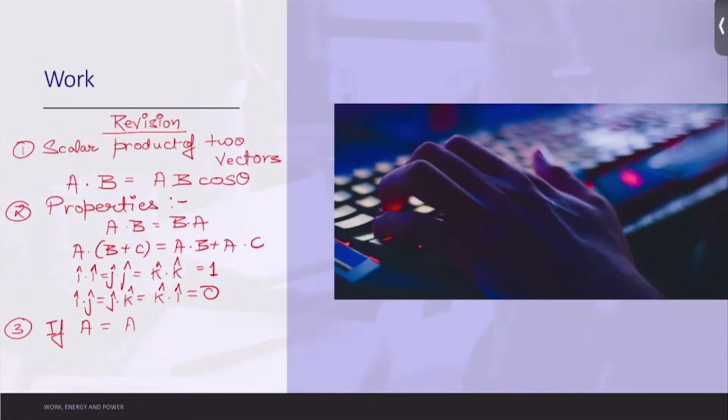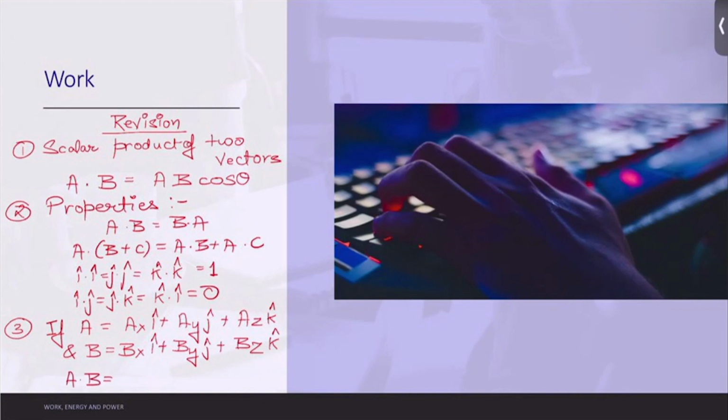Okay. And third thing, using all these properties, what we got, that let us say if A is equal to AX I cap plus AY J cap plus AZ K cap, and B is equal to BX I cap plus BY J cap plus BZ K cap, then A dot B is equal to AX BX plus AY BY plus AZ BZ.